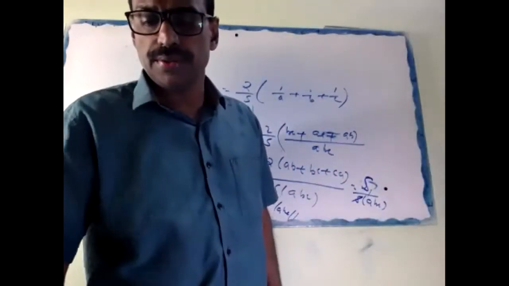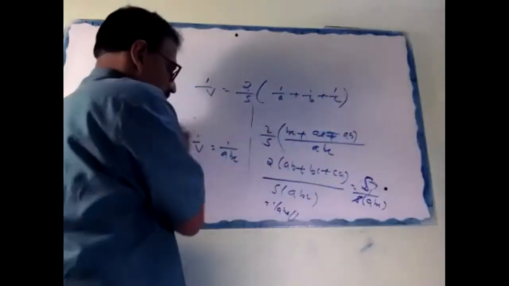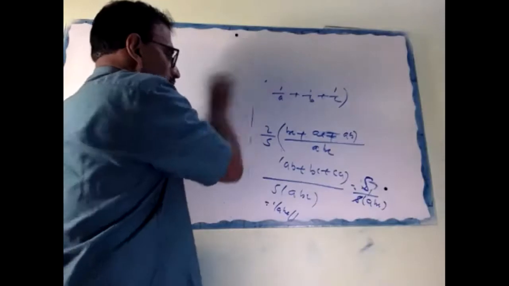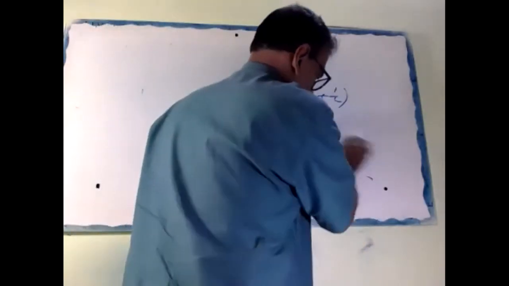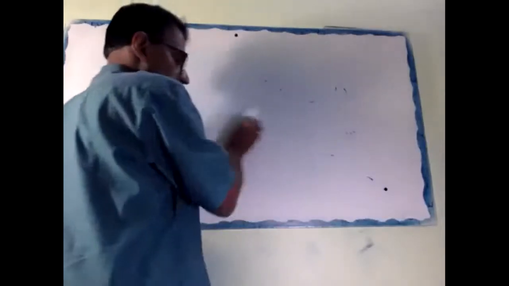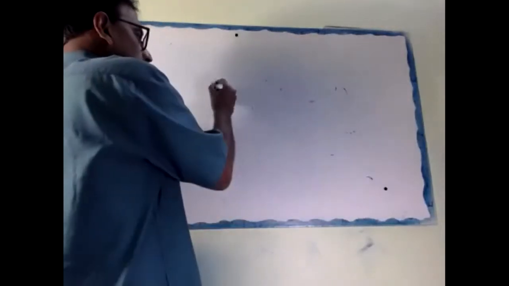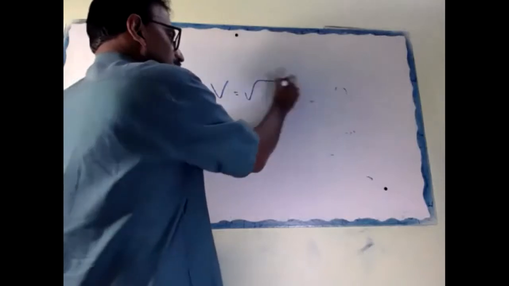Prove that V, volume equal to root of x, y, z. Prove that volume equal to, you have shown that what? V equal to root of x, y, z. Okay, try now.